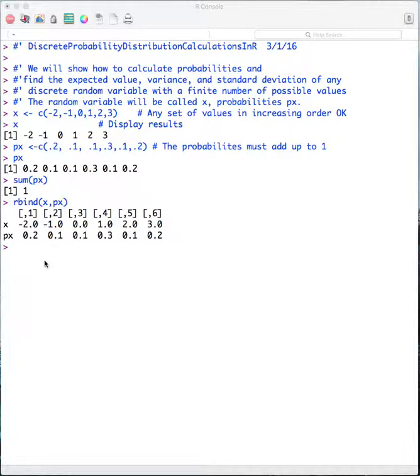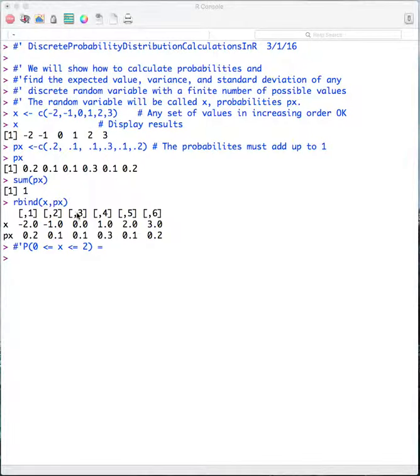Having the probability mass function, we can find the probability of any event. So for instance, suppose we wanted the probability of x being between 0 and 2.